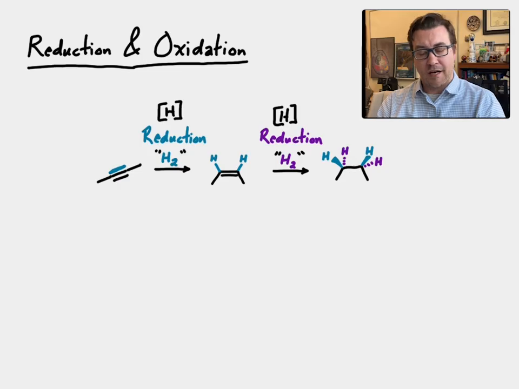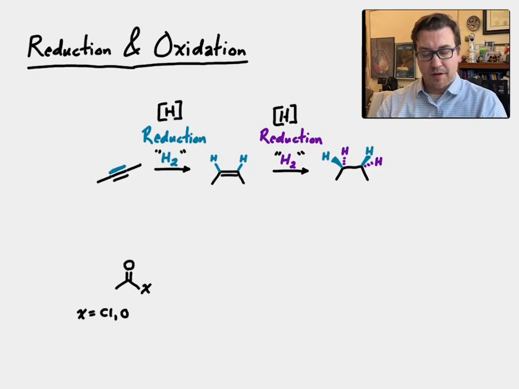These reductions can also occur from oxygen-containing compounds like carbonyls. So if we look at a carbonyl like this, and the book often has carboxylic acids, but really it applies to acid chlorides with a chlorine here, to esters where there is an OR group here, and also to amides. But again, the book will largely focus on carboxylic acids.